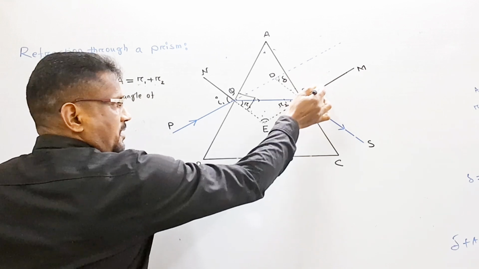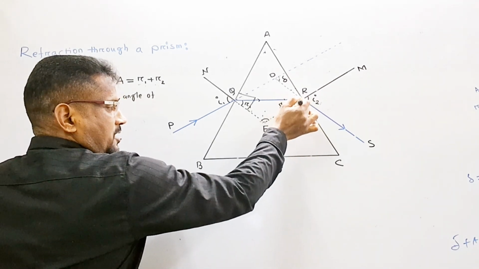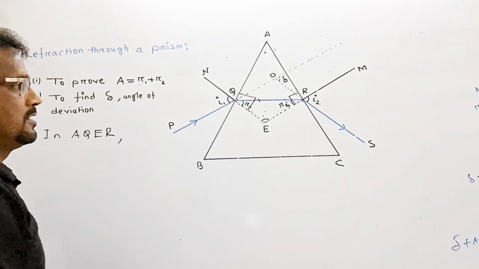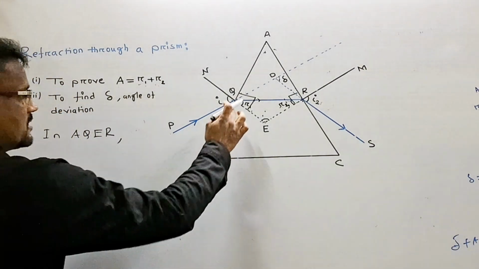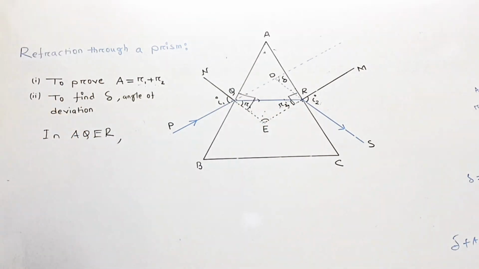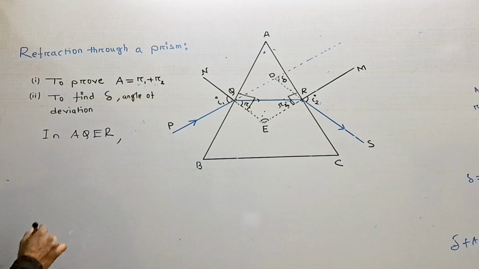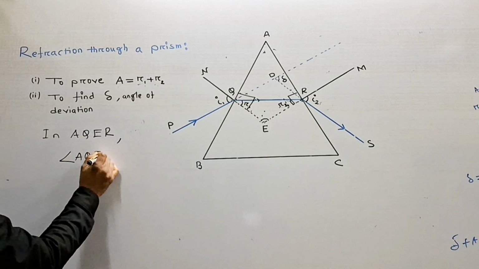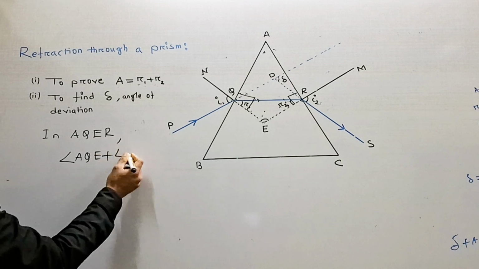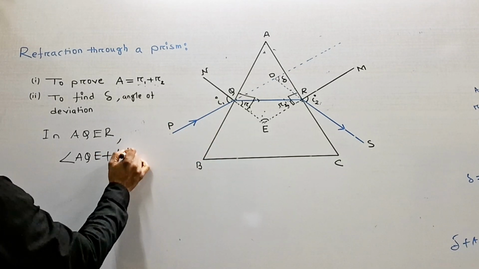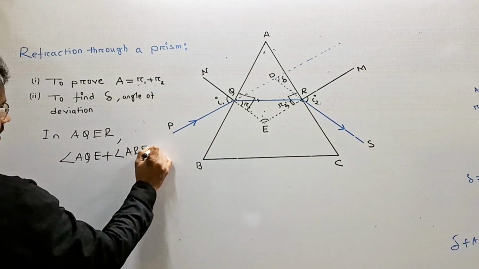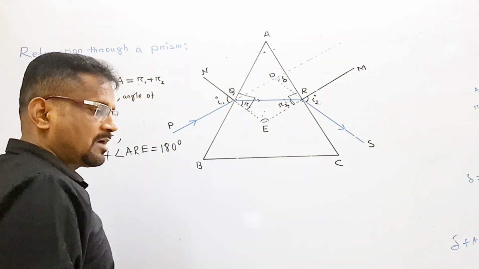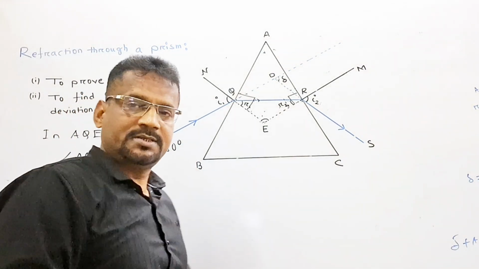Similarly, this is perpendicular to this surface and it has been produced this way, therefore this angle is also 90 degrees. That means the sum of these two opposite angles is 180 degrees. What I mean is, angle AQE plus angle ARE equals 180 degrees.